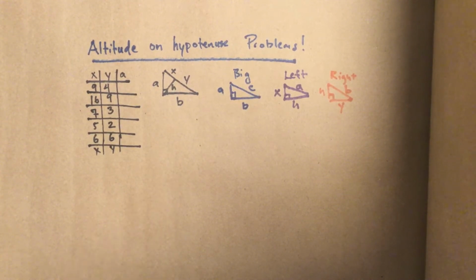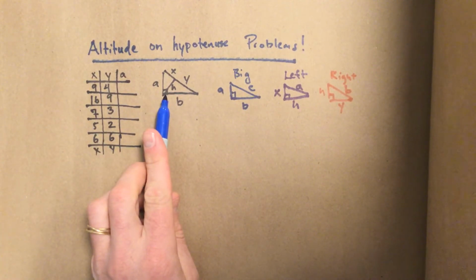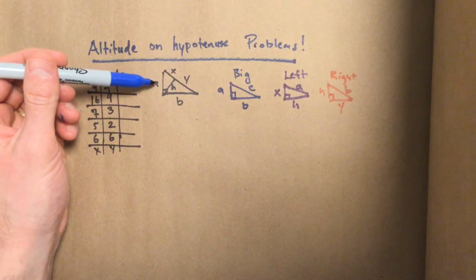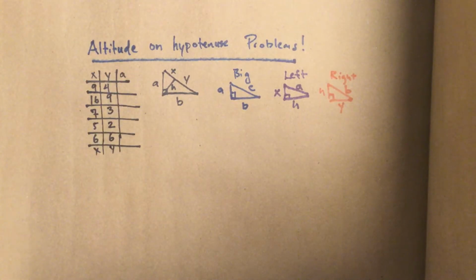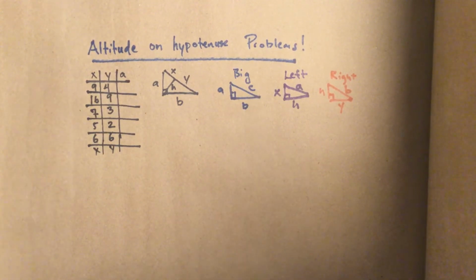On problem number 1, we have a column with x values, a column with y values, and a column where we have to find a. I've created our large triangle. We have a, b as our legs, and then x plus y, or c, is our hypotenuse.